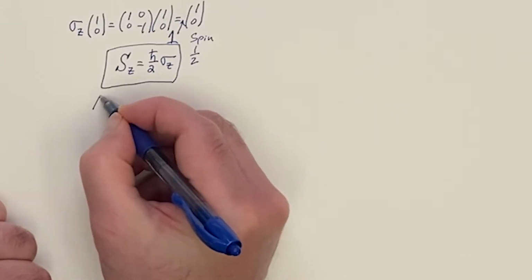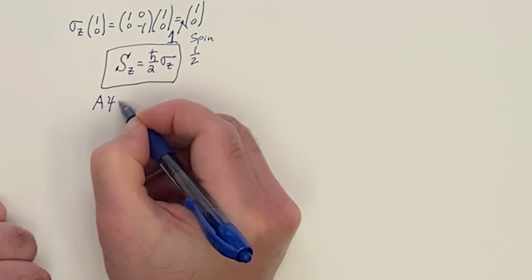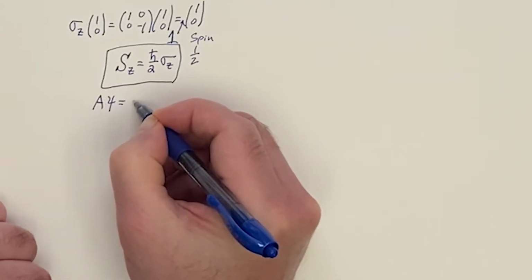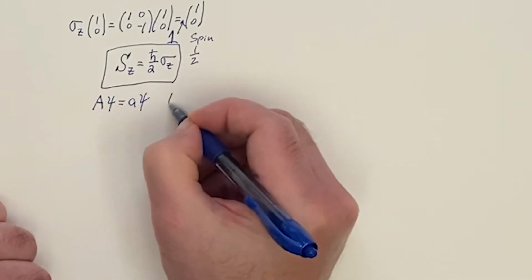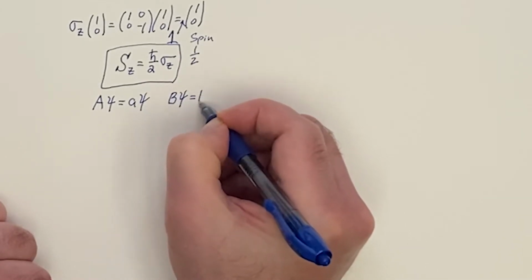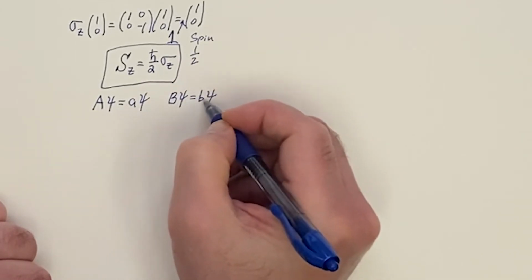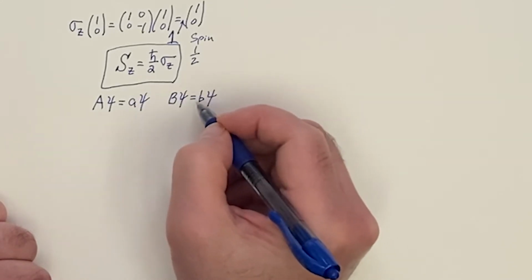So say in general, you have an operator, measurement operator A, you operate on a state, and you get the same thing back with this eigenvalue. And suppose you make a different measurement, B, which has a different eigenvalue, but you get the same thing back.